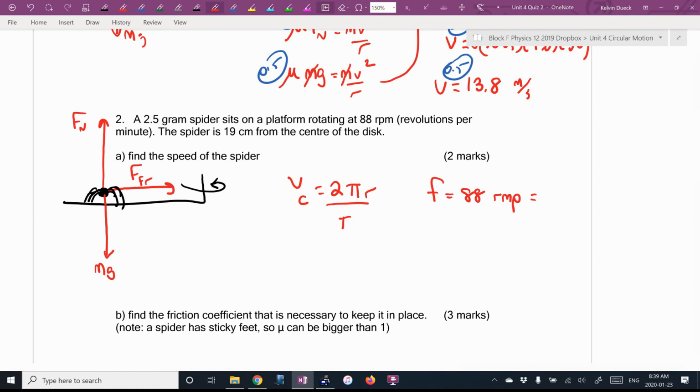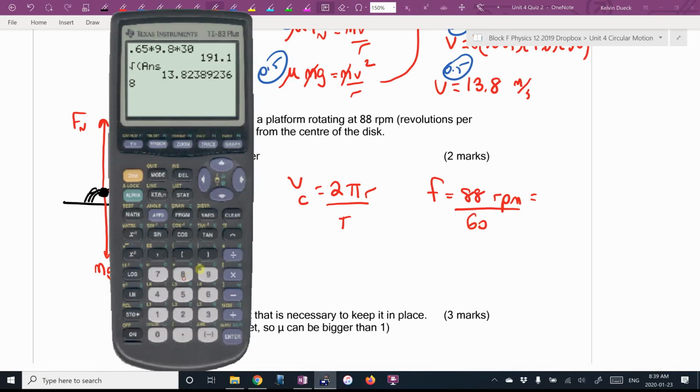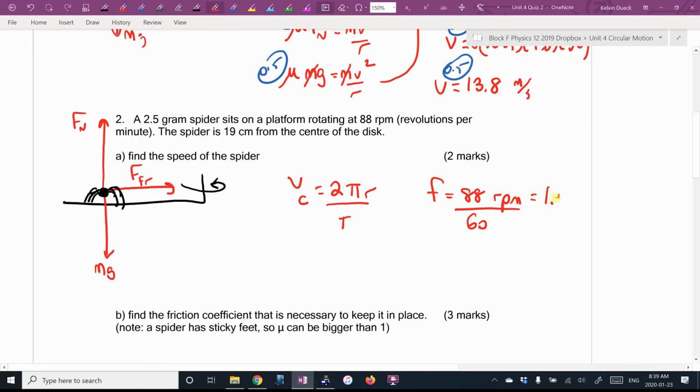I think it's divide by 60. So I'm going to divide. The frequency is 1.46 repeating hertz.